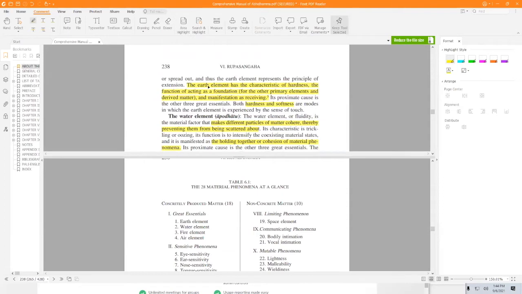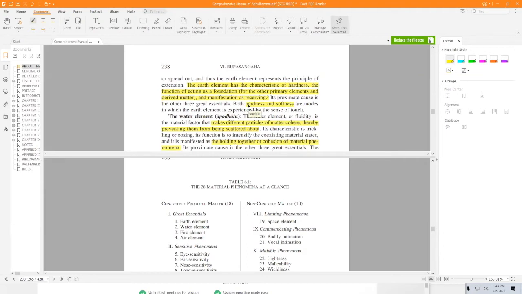Okay, each of these primary elements has its distinctive characteristic, function, and so forth. So the earth element has the characteristic of hardness or solidity or resistance. But we can actually posit maybe a spectrum or continuum of hardness and softness. So where the earth element is more prominent, then we experience hardness.